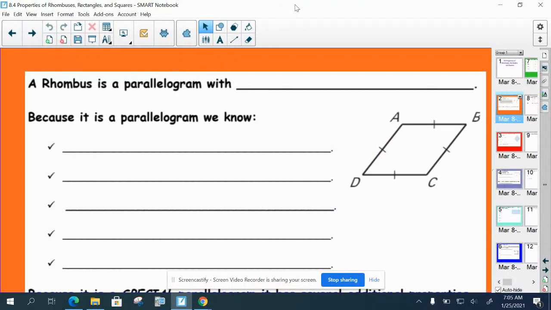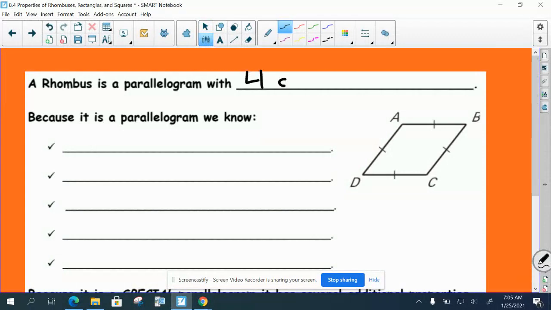A rhombus is a parallelogram, which means both pairs of opposite sides are parallel, with also four congruent sides. So it's a special case of a parallelogram where all four sides are congruent.